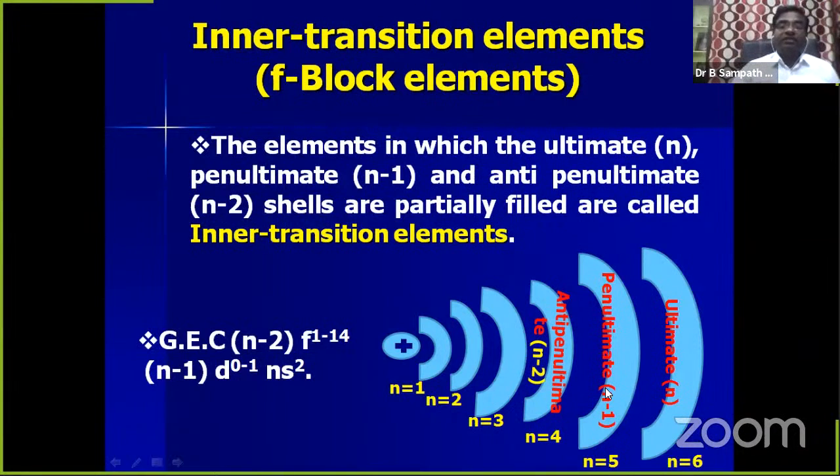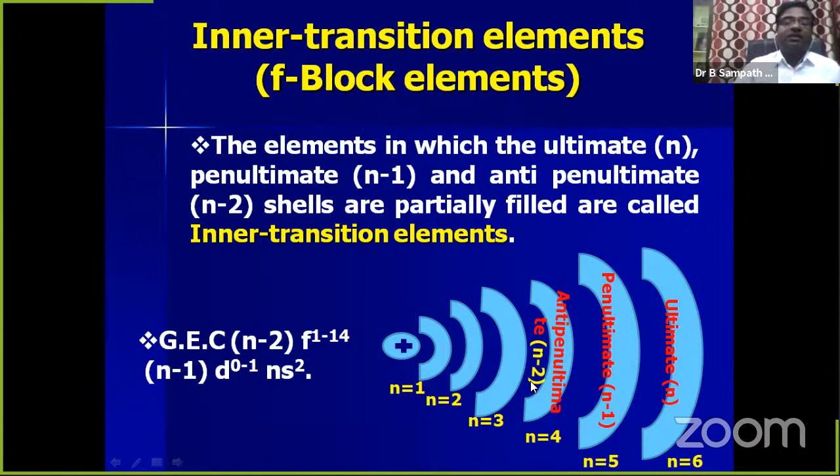As we already saw in the first session, the f orbitals are introduced in the 6th and 7th periods. So f orbitals started in the 6th period, and we have 4f orbital. If we keep n equal to 6, 6 minus 2 is 4f.